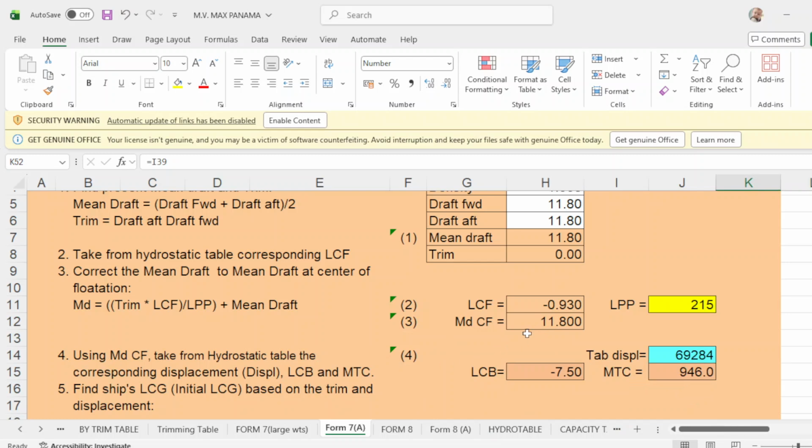And number 4, using the mean drop at center of rotation, which is 11.80, take from the hydrostatic table the corresponding displacement, LCB, and MTC.